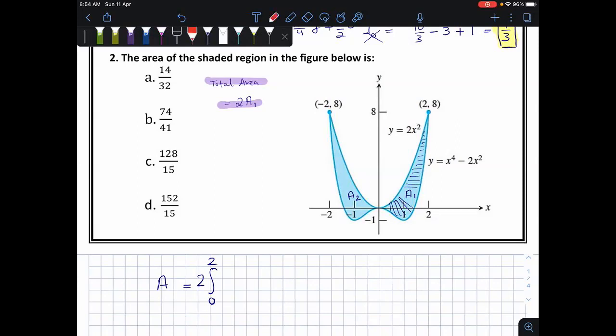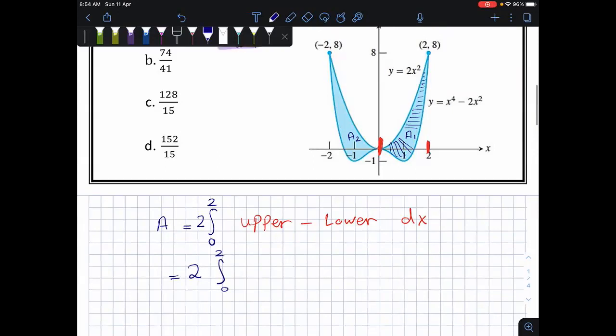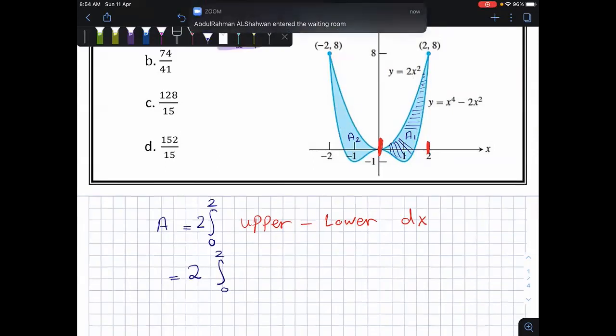Between 0 and 2, and the upper minus the lower, dx. So let's substitute: the integral from 0 to 2 of the upper function. Sure, this one is the upper function.